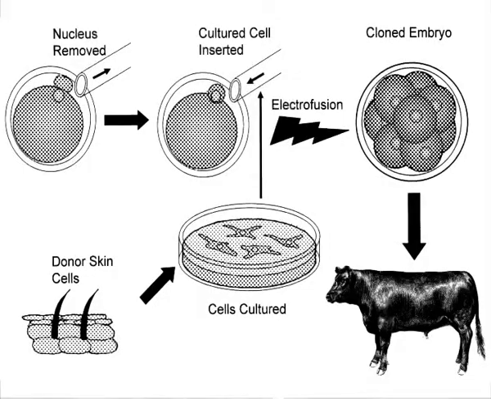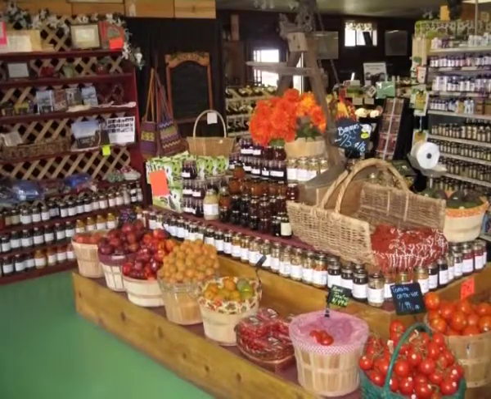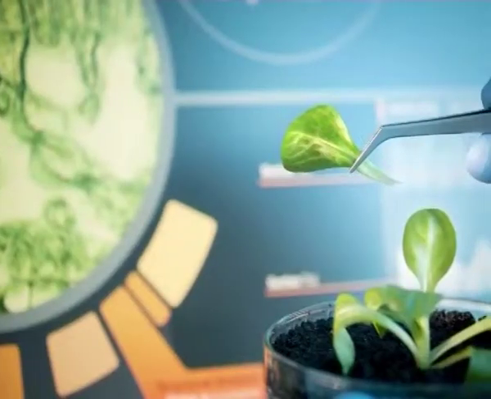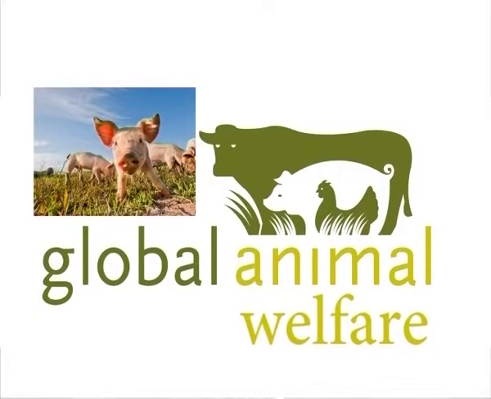There are currently no products of animal biotechnology in food shops, nor do we know of any proposals to introduce them anywhere in the world. Several retailers in the United Kingdom already have specific policies regarding biotechnology and animal welfare.